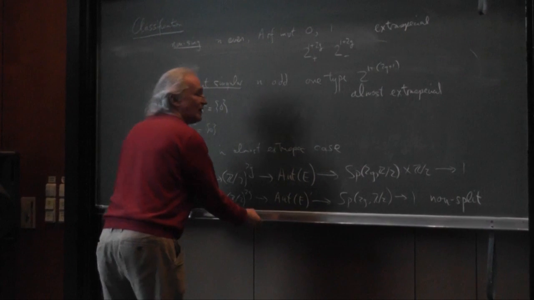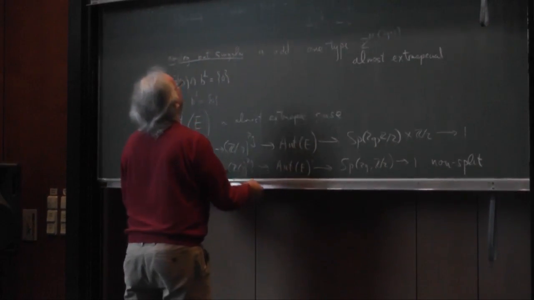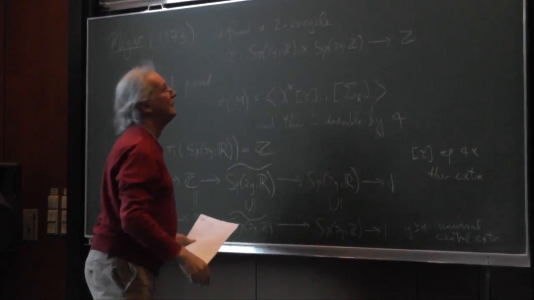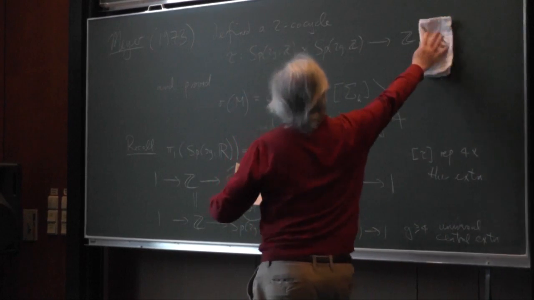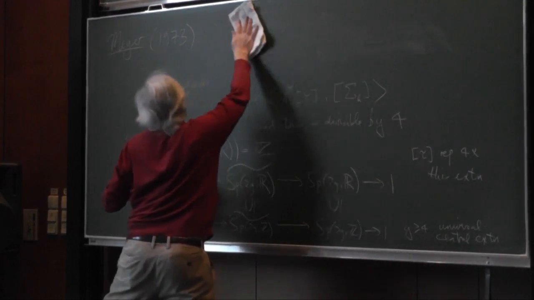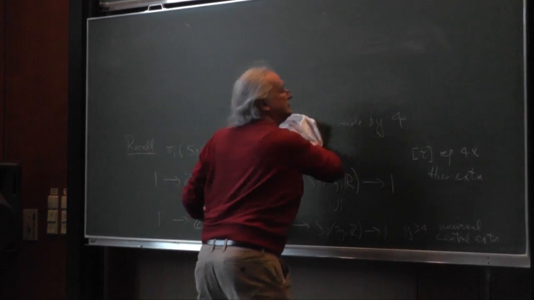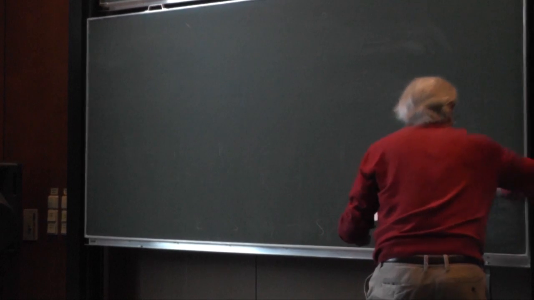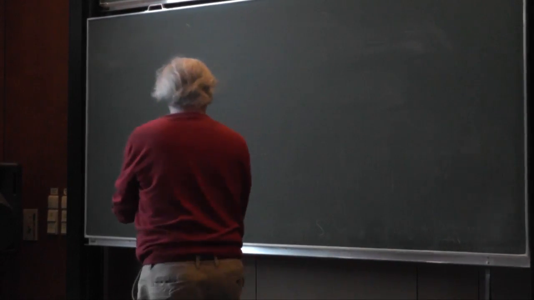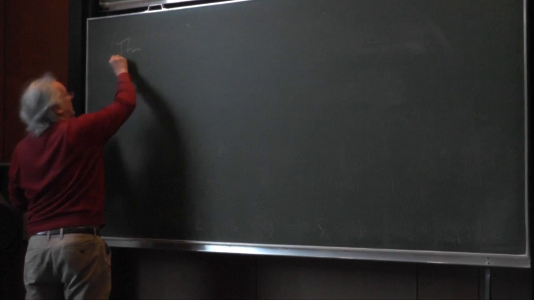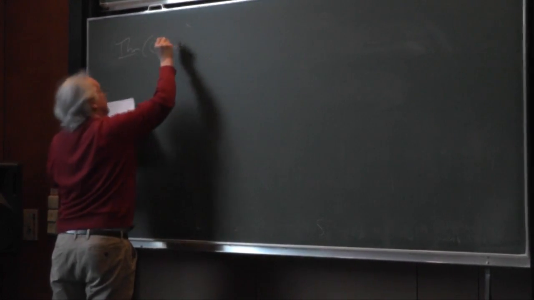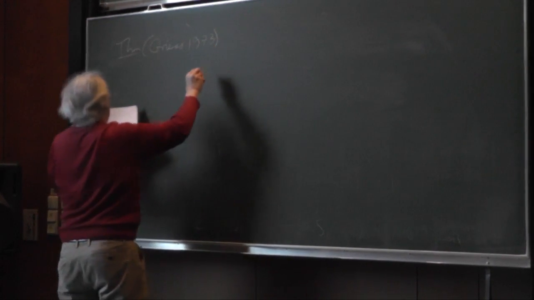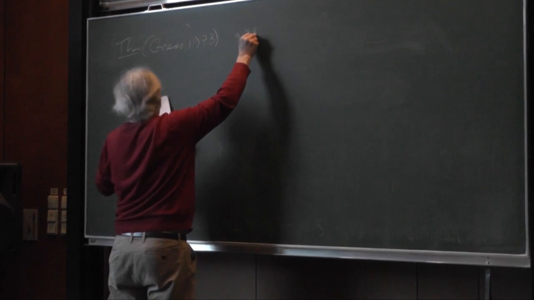Because that's where the theorem of Grice comes in. This is Grice, 1973. And I'm going to assume g is at least 3.